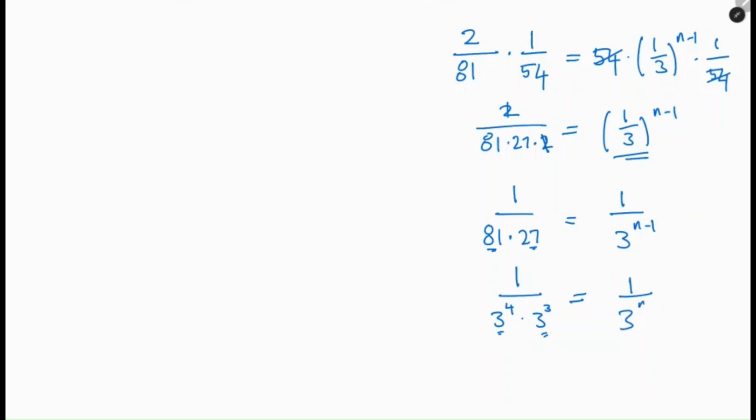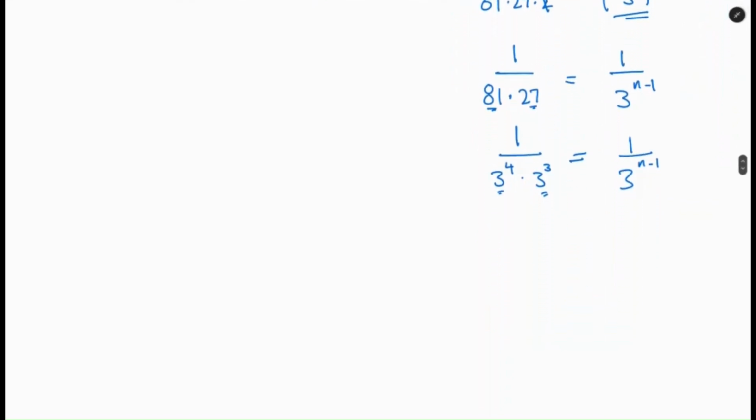This is equal to 1 over 3 to the power of n minus 1. The left hand side simplifies: we add the exponents at the bottom, so we get 3 to the power of 4 plus 3, which is 7.